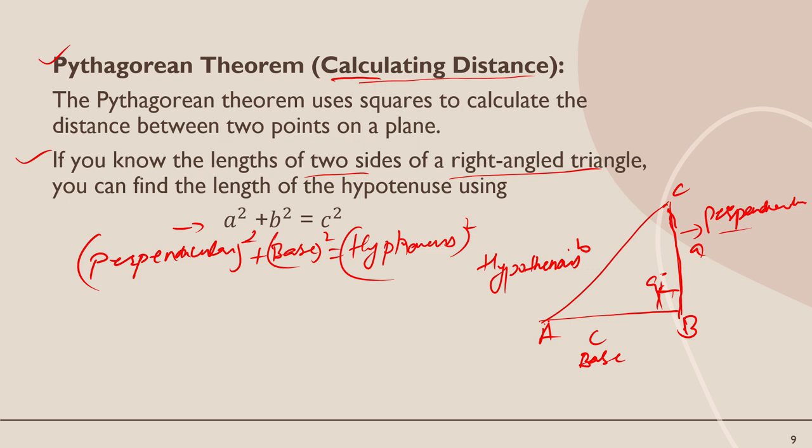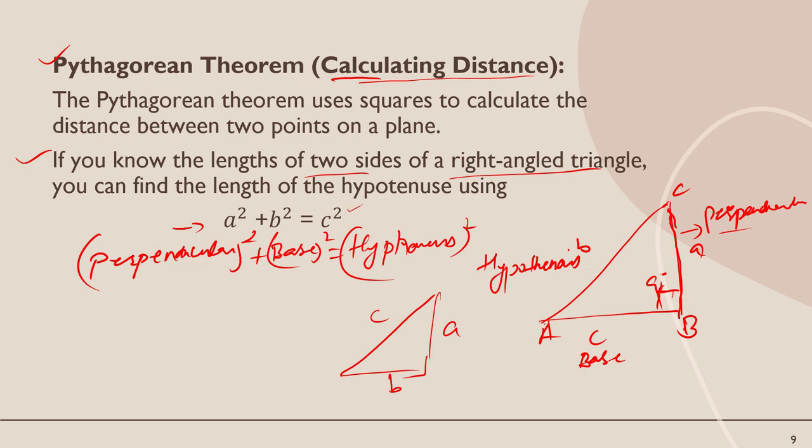Okay, you can change the side also. For example, if I make the diagram, this side is called perpendicular, A, base is B and hypotenuse is C. Okay, you can change the side, it's up to you.